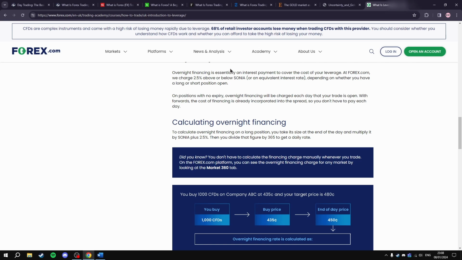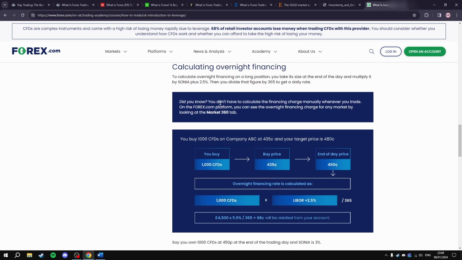At Forex.com, we charge 2.5% above or below SONIA, or an equivalent interest rate, depending on whether you have a long or short position open. On positions with no expiry, overnight financing will be charged each day that your trade is open. With forwards, the cost of financing is already incorporated into the spread, so you don't have to pay each day.